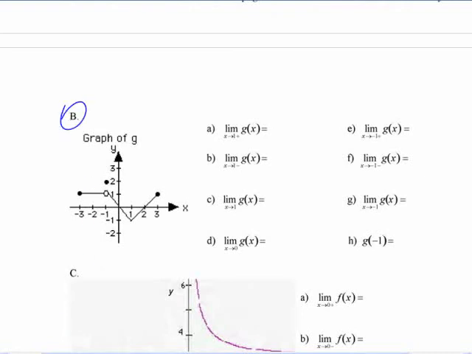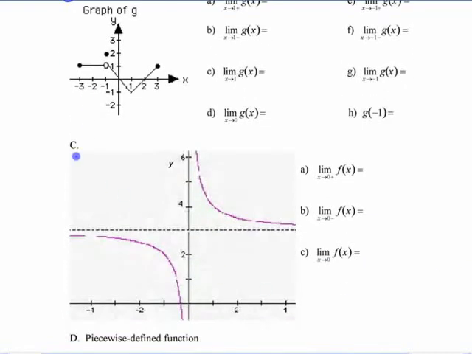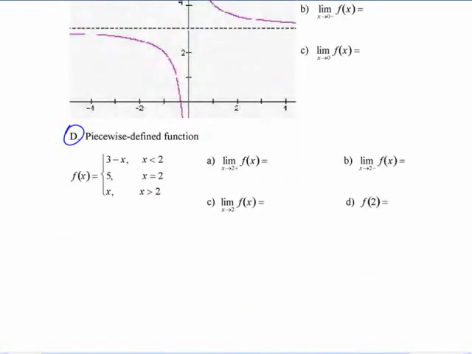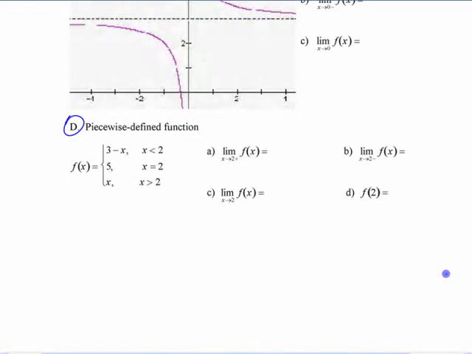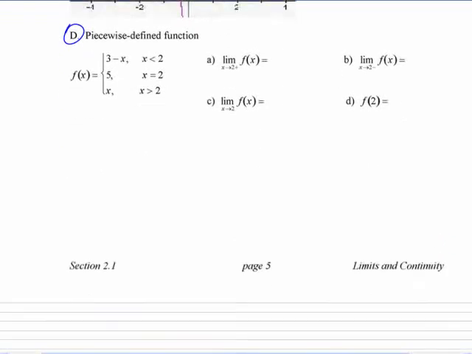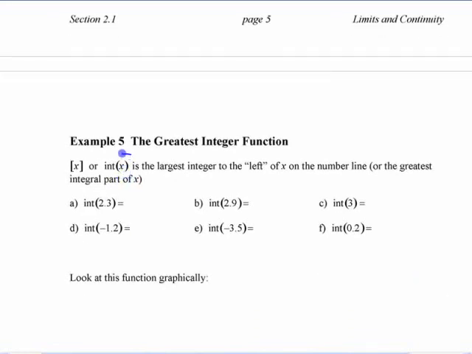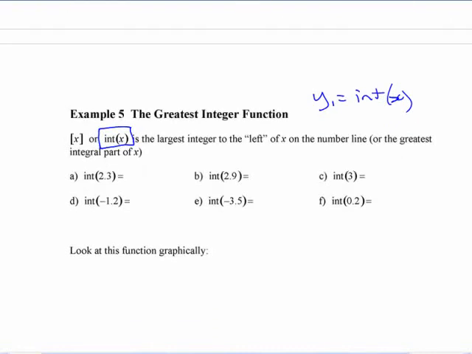All right, you try this one, and you try this one. You can look at a graph of this and try to decide some of those things. Then I think we're good. If you graph this on your calculator, y1 equals int x, it gives you the greatest integer function.